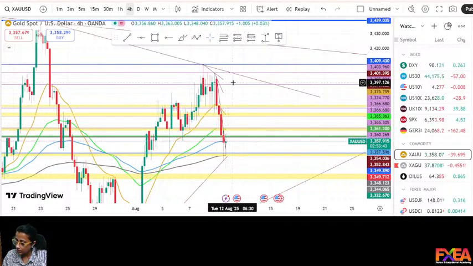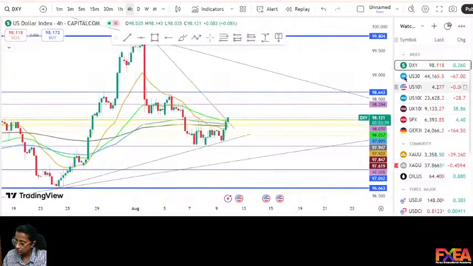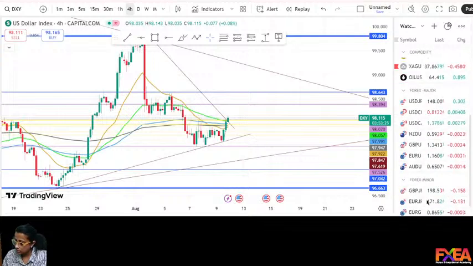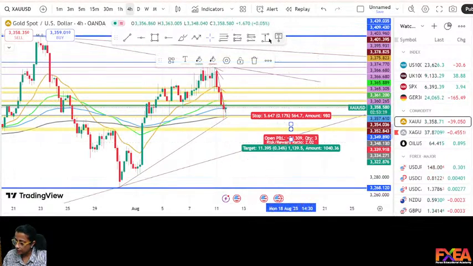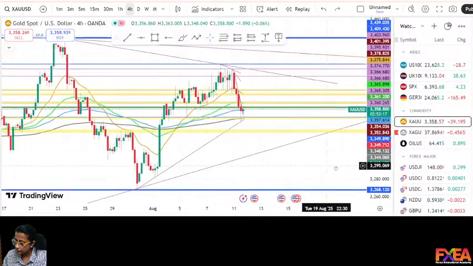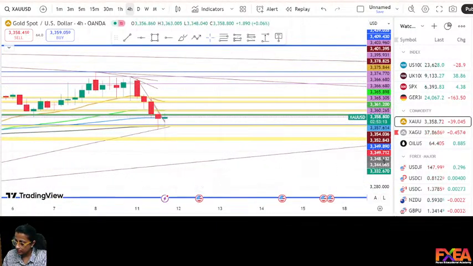It can move up to this level, but then I took a trade in the lower time frame, which is a scalping trade based purely on the other correlations like the dollar index, gold, mainly dollar index. But overall in the higher time frame, it can be an S4TFS and it can move up to this level also.